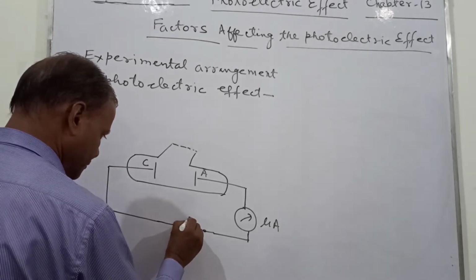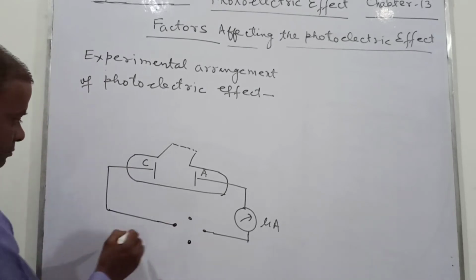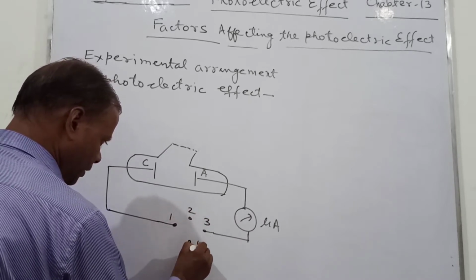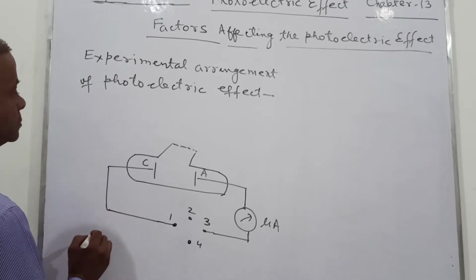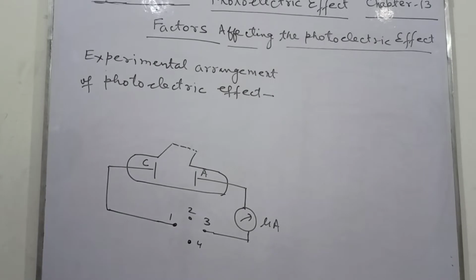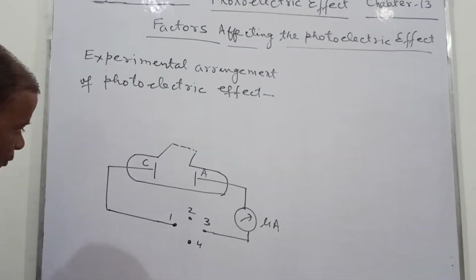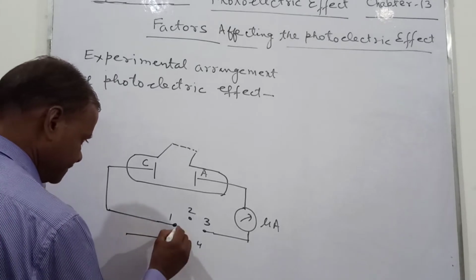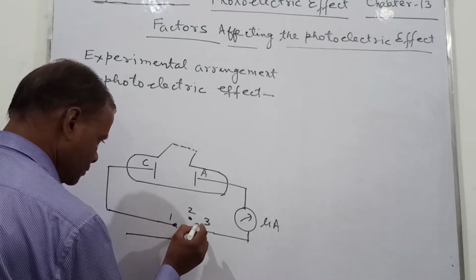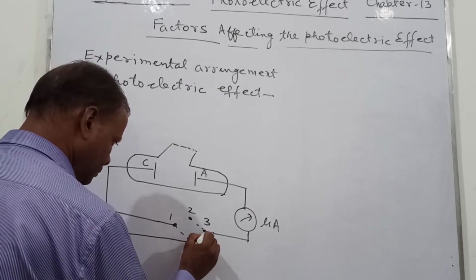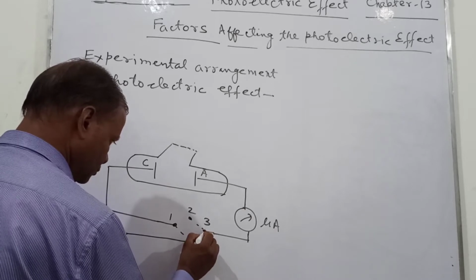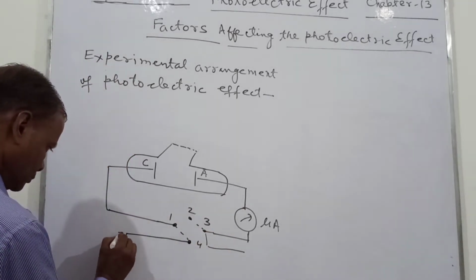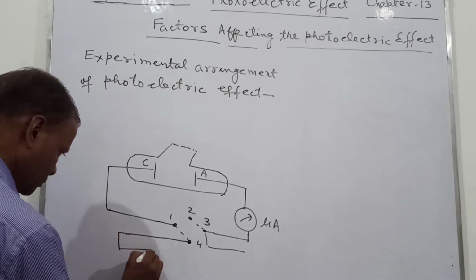This is the terminal. So this is a commutator, with points 1, 2, 3 and 4. Here we will have a voltmeter.